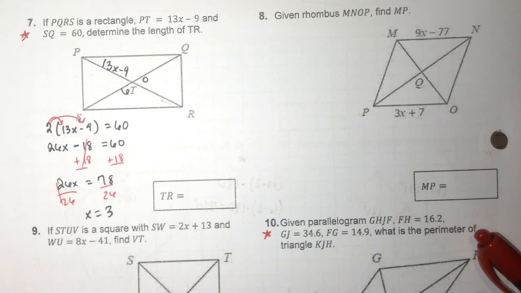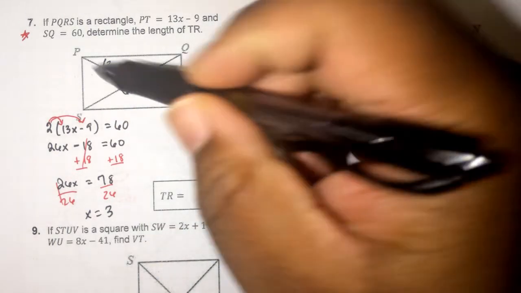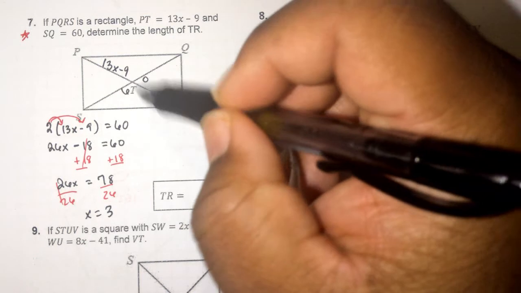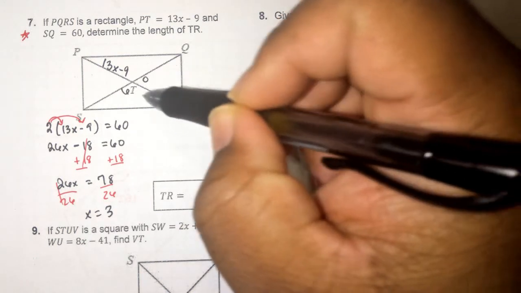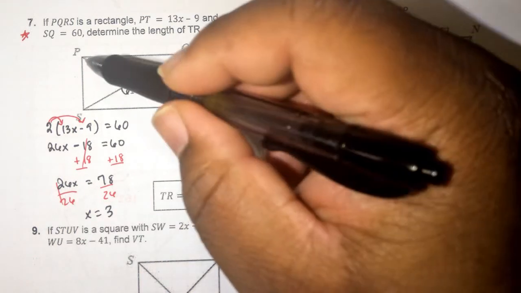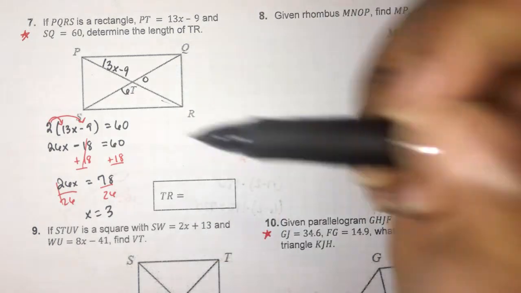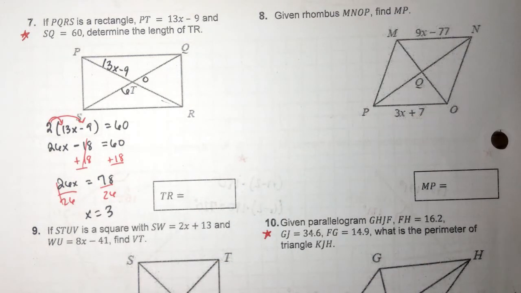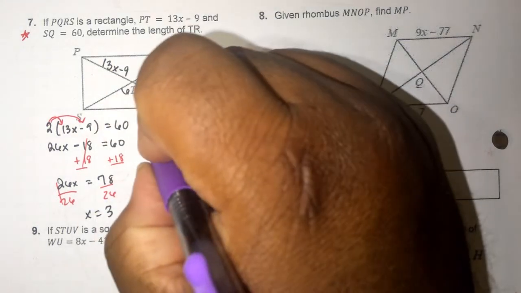From there, you need to plug back in. Well, not plug back in. Well, yeah, you do. I'm sorry. But you need to understand what to plug back into. PT is congruent to TR. You're looking for TR. So I can just plug back in the PT and get what TR is. So to find TR, I'm going to just use what they gave me for PT.